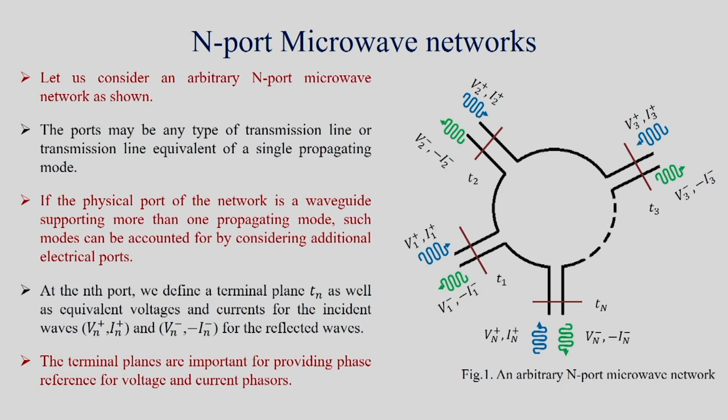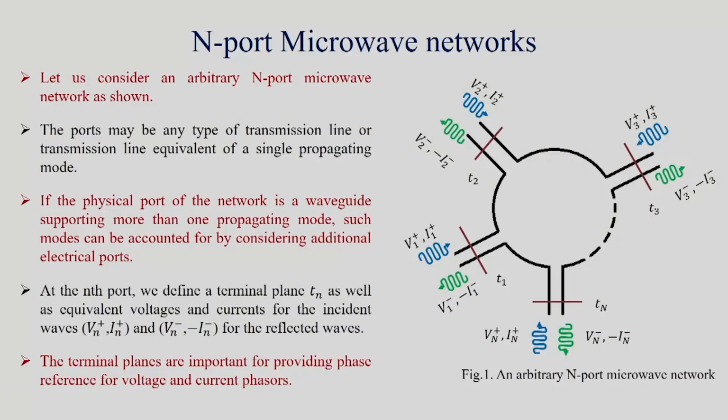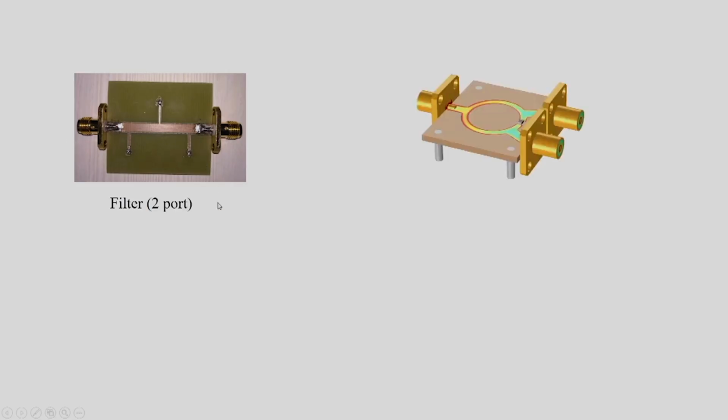Let us now see some practical circuits where this type of multi-port microwave network actually occurs. For example, here we show a 2-port network which is essentially a filter, and these two are the ports. Similarly, we can consider a power divider.